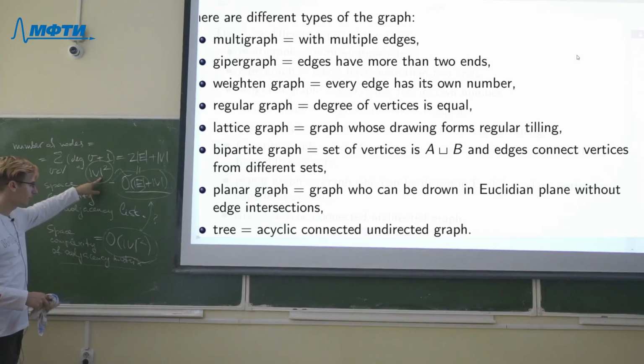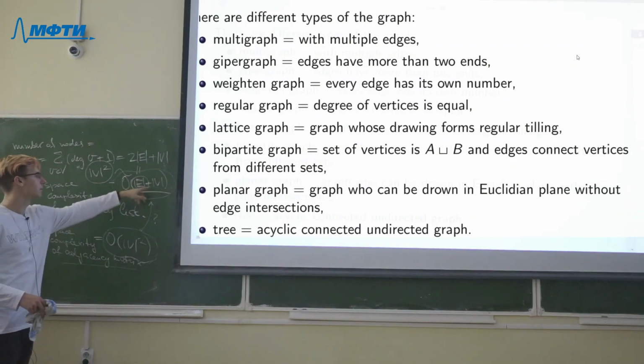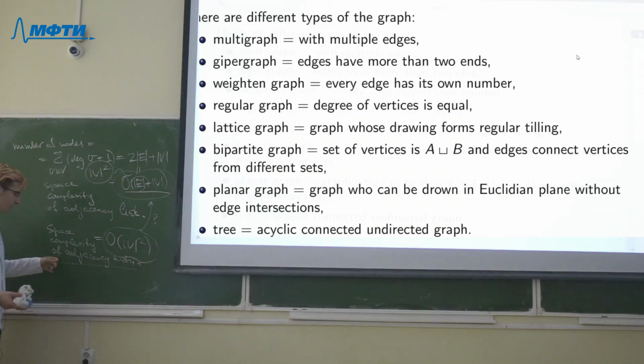For example, if we have a very sparse graph, yeah, where the number of edges is equal to the number of vertices, of course we don't need to use an adjacency matrix because it's very complex and uses a lot of memory. Okay.